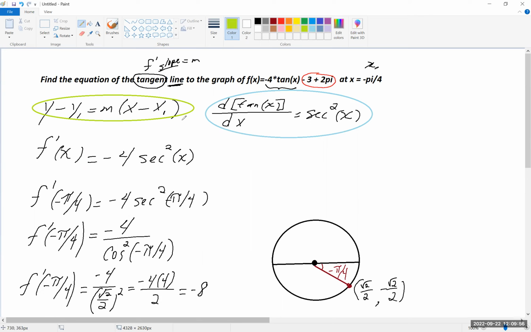And I am going to do some work over here using that formula there. So it's going to be y minus, I don't have a y1, so I'm going to need to acquire that here in a minute, and that might require a little bit of work.